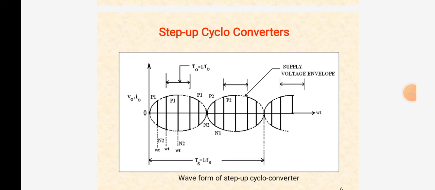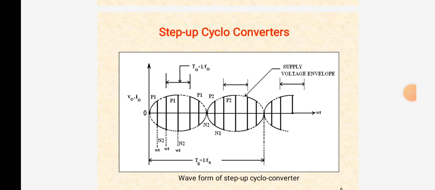Therefore, the load voltage now follows the positive envelope of the supply voltage. At instant omega t1, P1 is force commutated and the other forward biased thyristor N2 is turned on, so that the load voltage is negative with terminal O positive and A negative. Hence, the output voltage waveform now traces the negative envelope of the supply voltage.